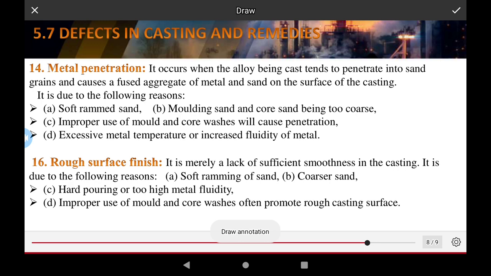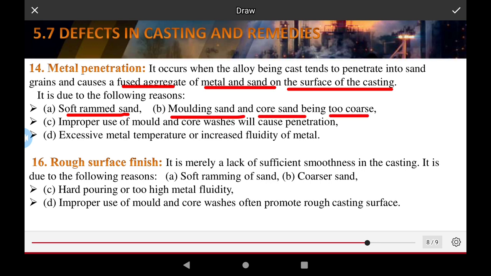The grains of sand are fused with the metal, or the molten sand adheres to the casting. This is due to the following reasons: soft ramming, and the molding sand and coarse sand being too coarse. Improper use of the mold and core wash will cause the penetration. Excessive metal temperature increases the fluidity of the metal.